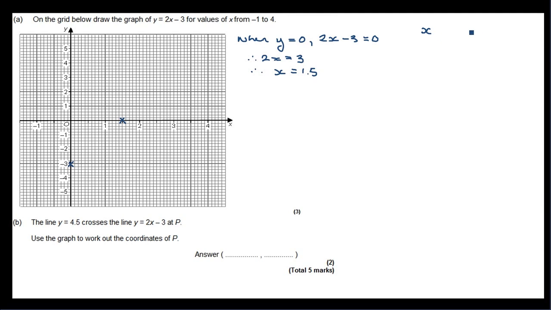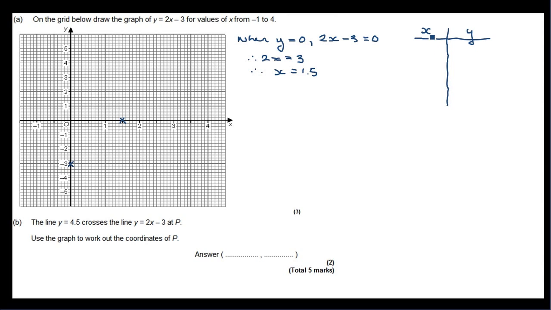Well, if I draw my x and y like this, and then turn this into a table, so just put a division down here, this is what we call a table of values.